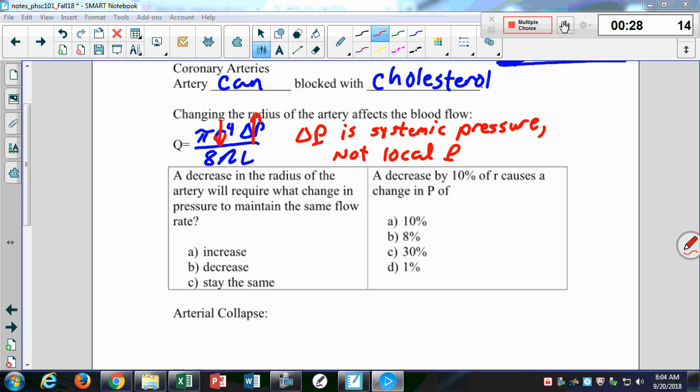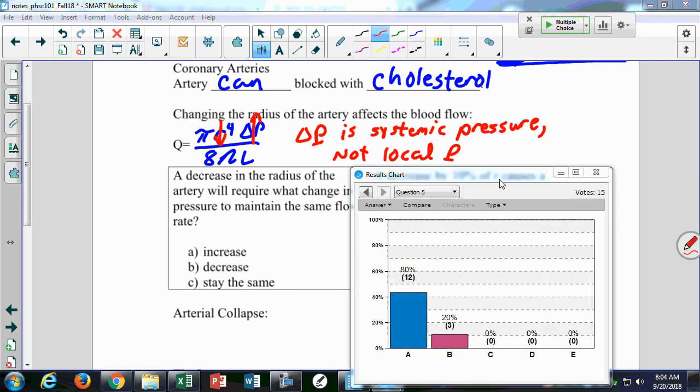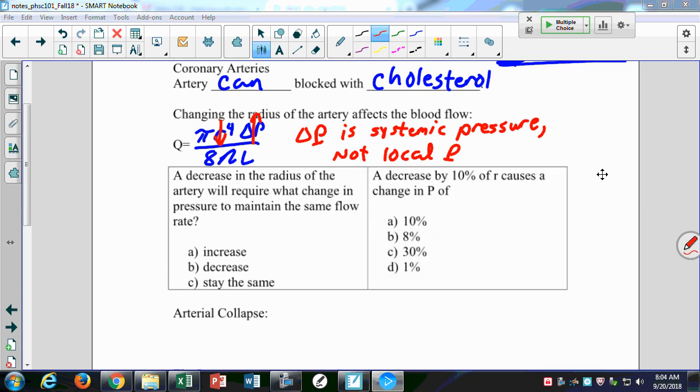All right, let's stop in a few seconds. Okay, good. A is right. Again, from the Poiseuille equation, we saw this right here, that if I decrease R, my delta P will increase.